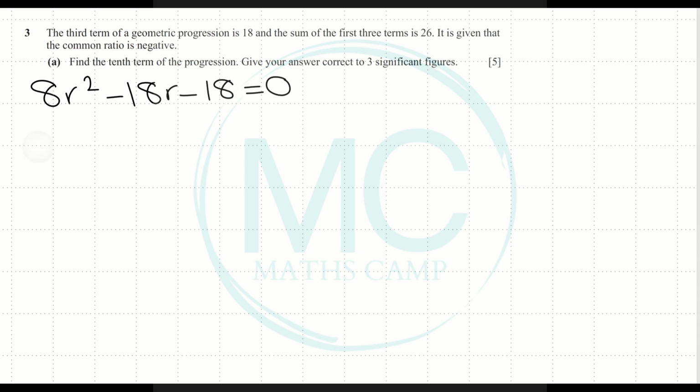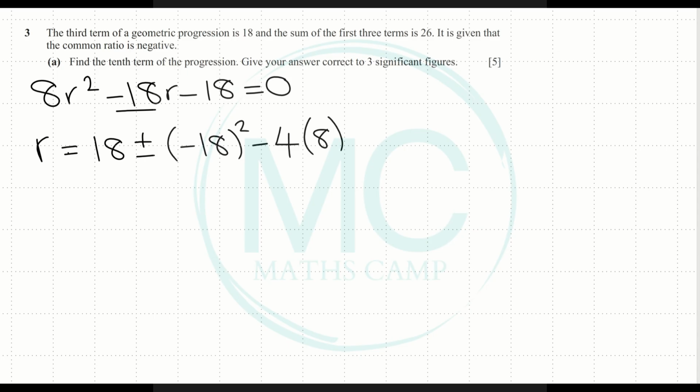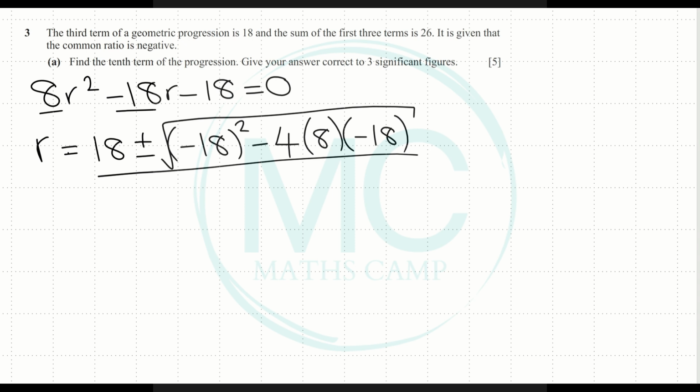It's going to say r is equal to negative b. b is negative 18, so it becomes positive 18, plus or minus the square root of negative 18 squared minus 4 multiplied by a, which is 8, multiplied by c, which is negative 18, all over 2 multiplied by 8, which is 16.